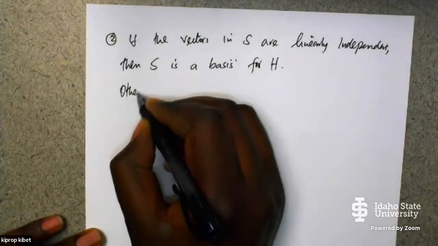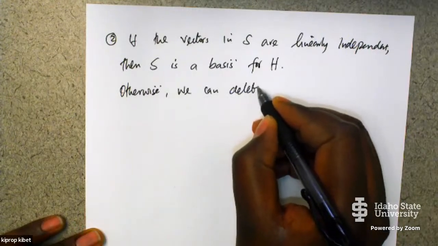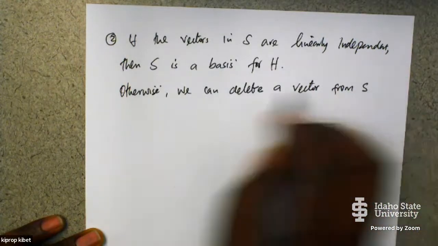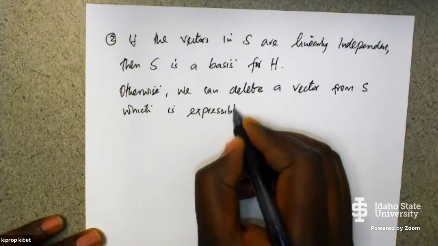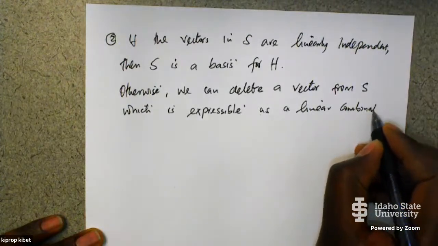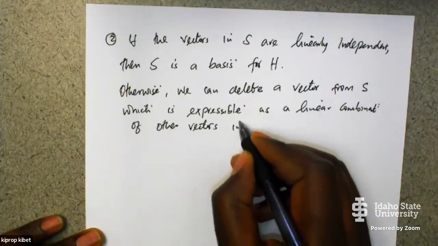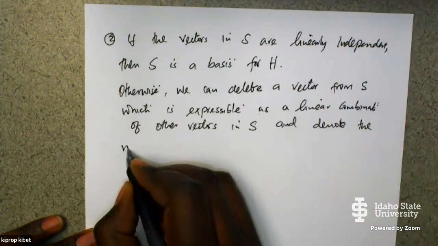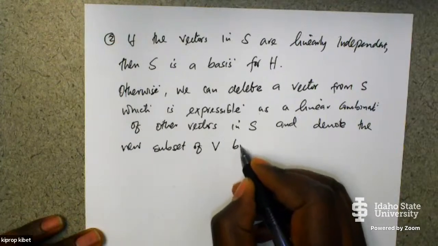Otherwise, we can delete a vector from S which is expressible as a linear combination of other vectors in S, and denote the new subset of V by S1.